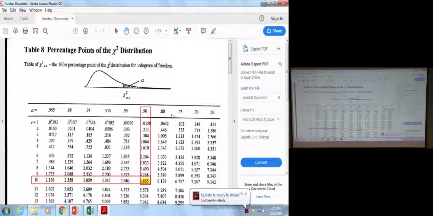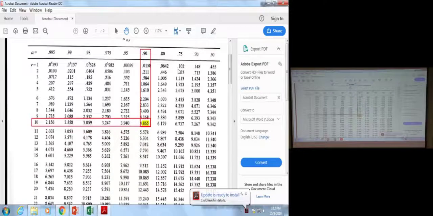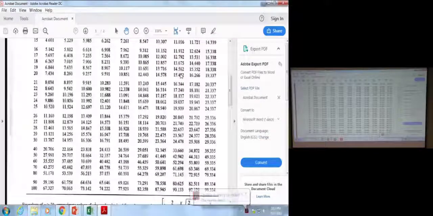For different n, you have different chi-square. This table goes up to 100, but it's not 100 distributions. In fact, you can see that after 30, it jumps to 40. So I don't have 35. I don't have a chi-square with degrees of freedom 35 displayed in this table.